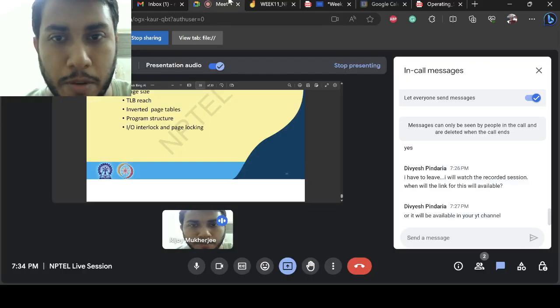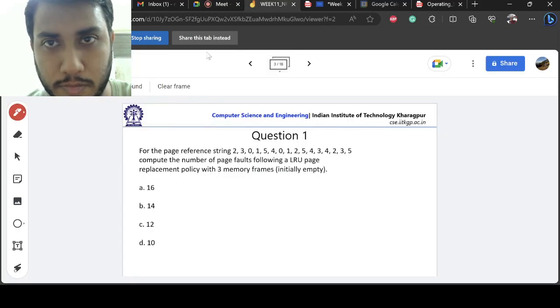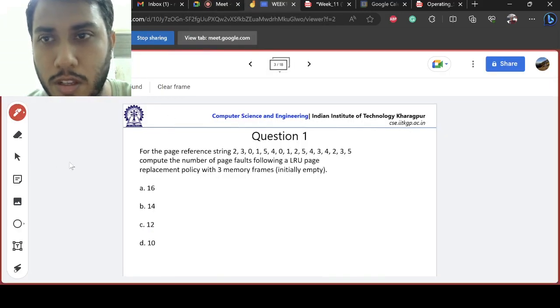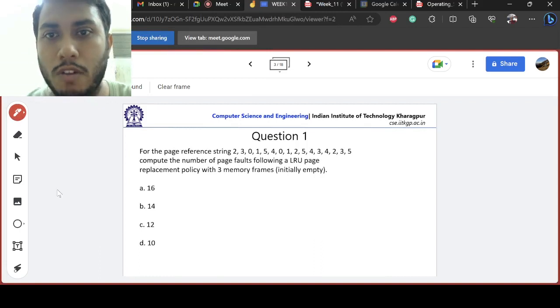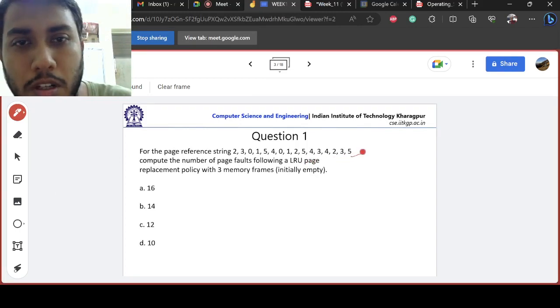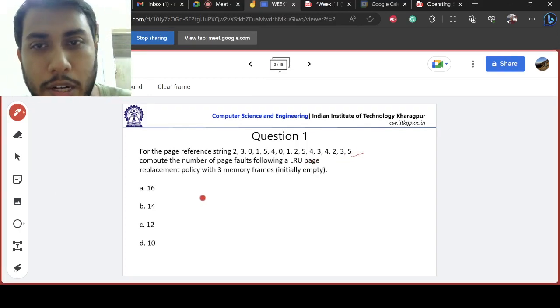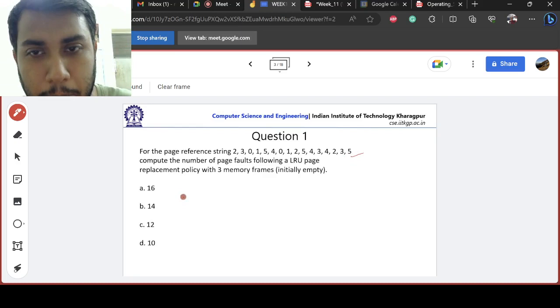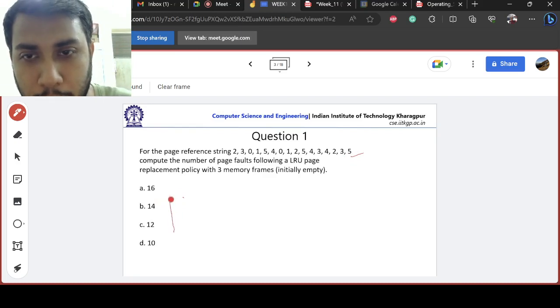Let's start with question number 1. For a page reference string, these are the strings you are given. We need to compute the number of page faults that occur in this case. Initially it is empty, and there are 3 frames.